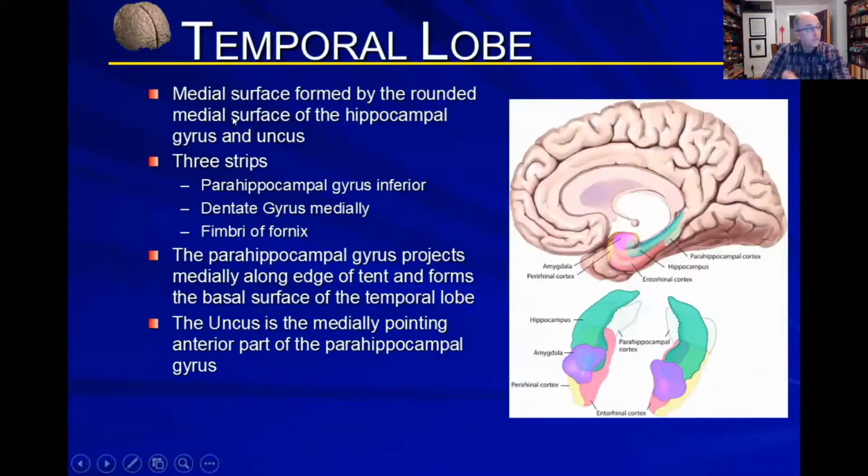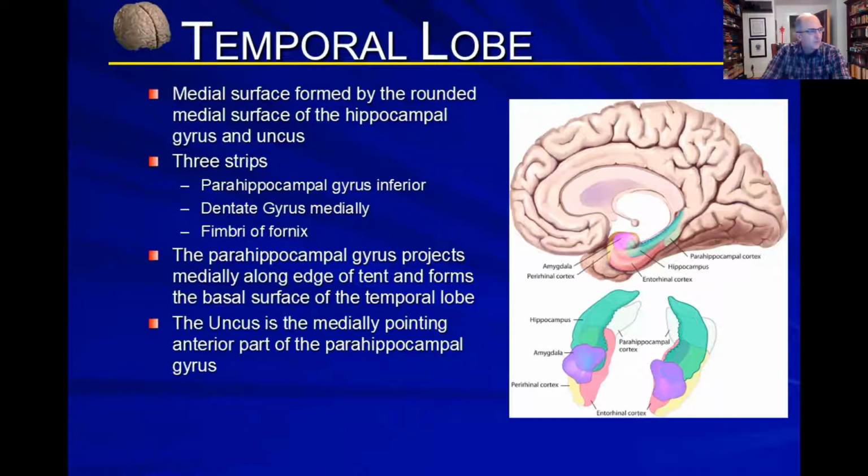You also have to think about the medial surface of the temporal lobe. That's formed by the rounded medial surface of the hippocampal gyrus and the uncus that you can see in the picture down here. There are 3 major gyri or strips: the parahippocampal gyrus inferiorly, the dentate gyrus more medially, and then the fimbria of the fornix.